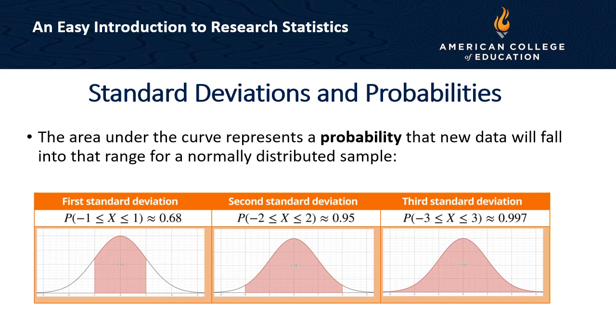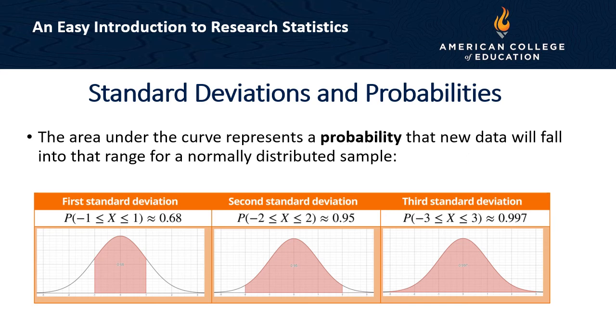It's 95% probability that any new data we introduce, so 95 out of 100 new data points, will fall into that range. But if we move out to the extremes and include those as well, now we have a 99% accuracy, almost 100% probability that any new data we introduce to the data set is going to fall within that range. And that's assuming that our data are normally distributed.